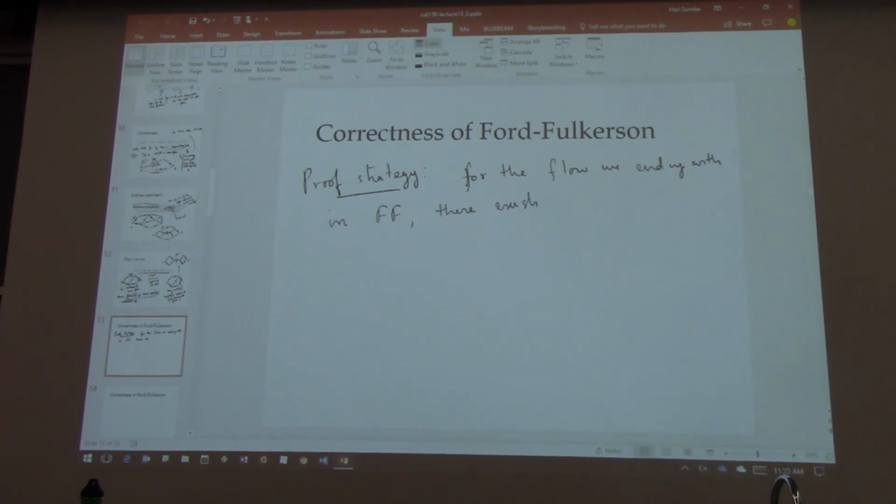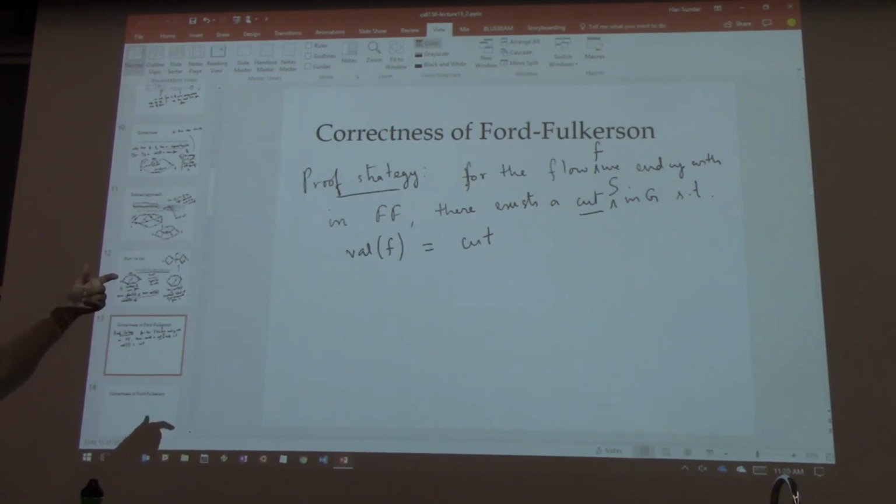there exists a cut in G such that the flow, let's call this flow F. There is a cut, let's call this cut S, so S is a set of edges, a subset of edges whose removal disconnects T from S, right?